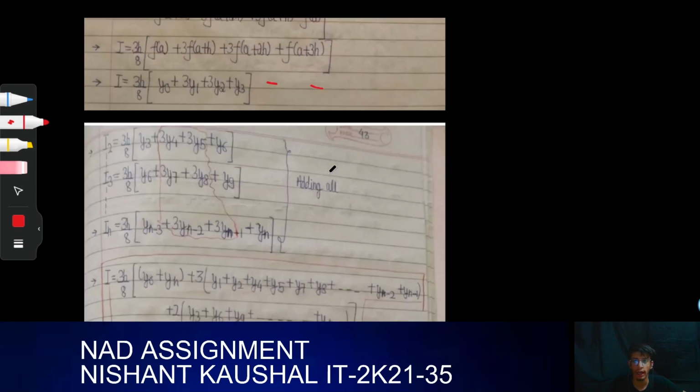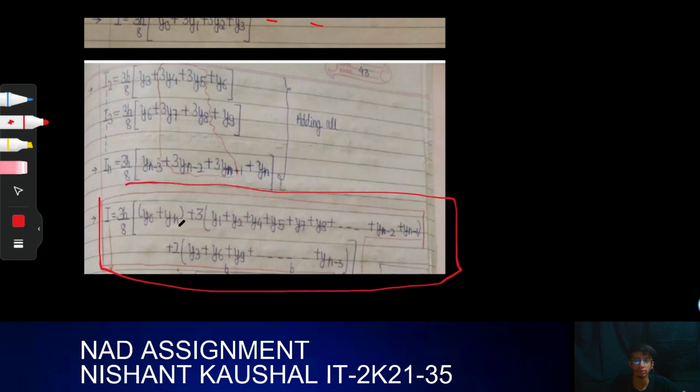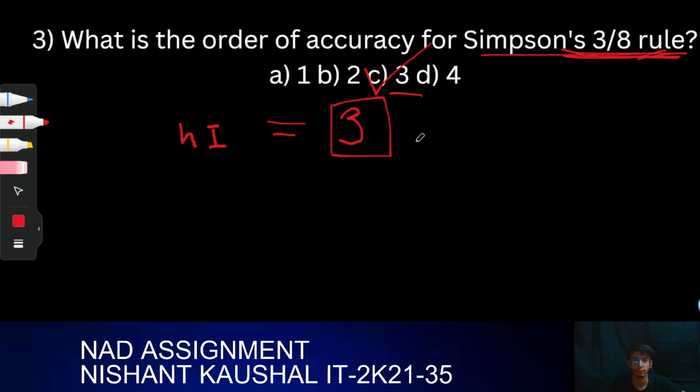If we add all, we will get this general formula: I equals 3h by 8 (y0 plus yn plus 3(y1, y2, y4, y5, y7, y8, that is yn minus 2 plus n minus 1 terms), and all the multiples of 3 multiplied by 2), right? So its answer would be 3.